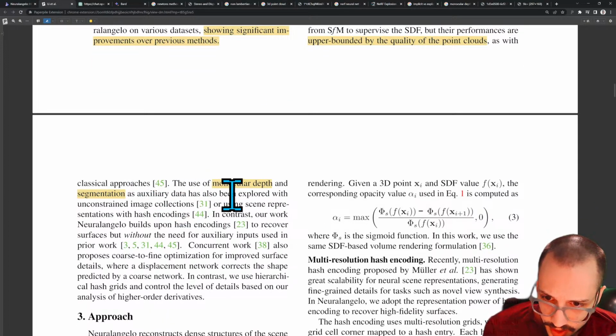So that has also been explored, or using scene representations with hash encodings. In contrast, our work builds upon hash encodings to recover the surface without the need for explicit auxiliary inputs. And I think that's important, right?